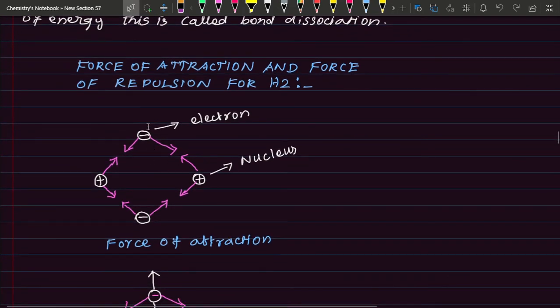See the force of attraction. Here, nucleus to electron, again electron to nucleus, again nucleus to electron. So here all are attraction forces.